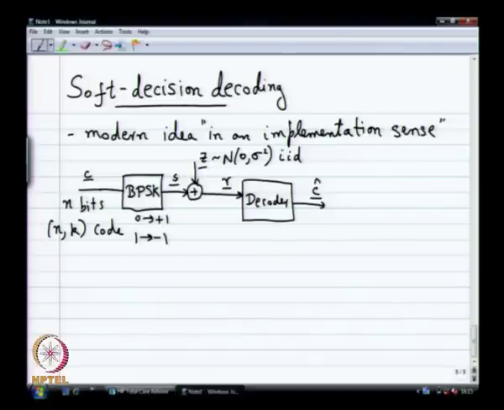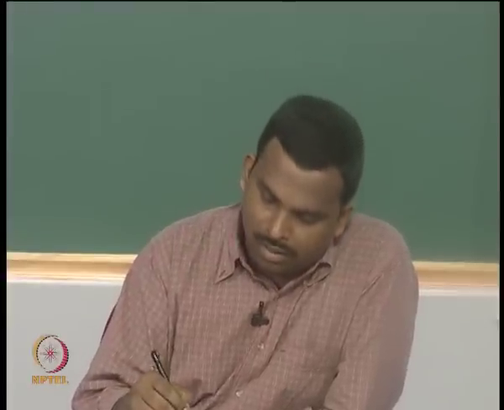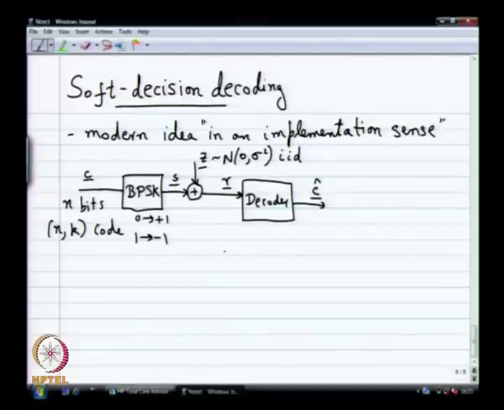The best thing is usually what is called maximum likelihood decoding. That is always the best possible decoder. So, the optimal decoder is usually the maximum likelihood decoder.